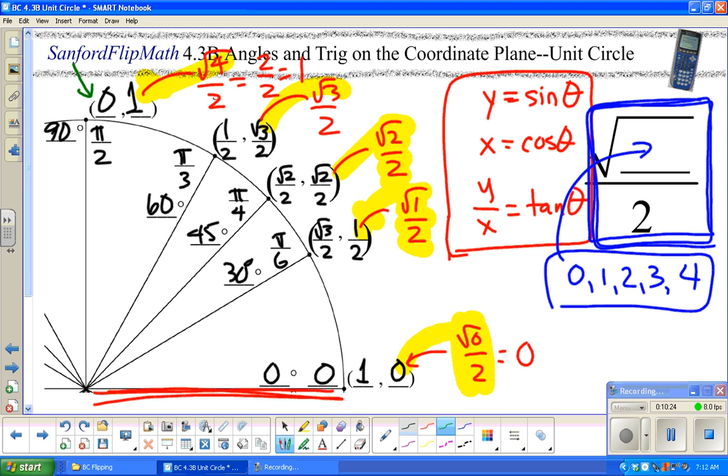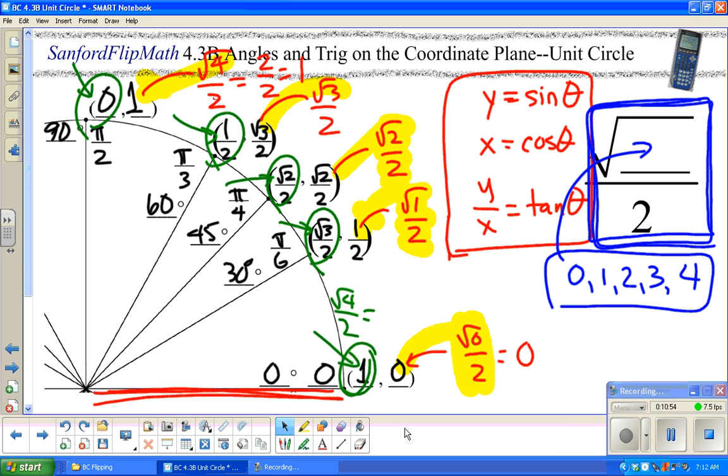So here's square root of 0 over 2, square root of 1 over 2, square root of 2 over 2, square root of 3 over 2, square root of 4 over 2. So 0, 1, 2, 3, 4. Now again, that doesn't look like a 4, but that's the square root of 4 over 2. So if you can remember square root of something over 2, then you're good. That is the first quadrant.